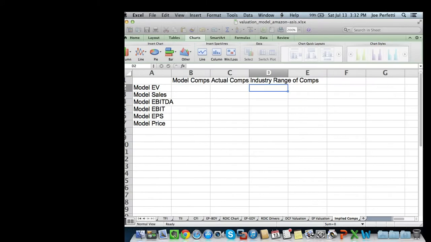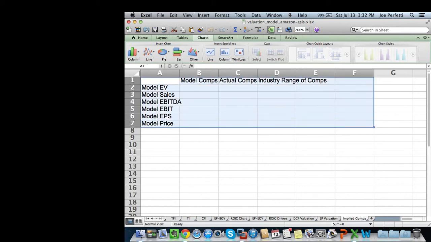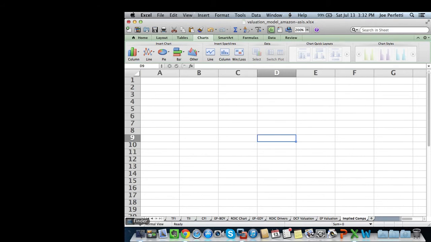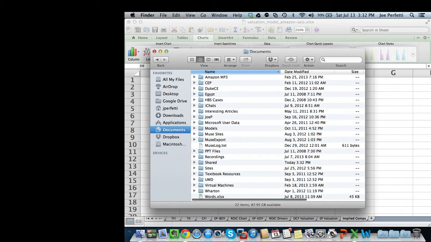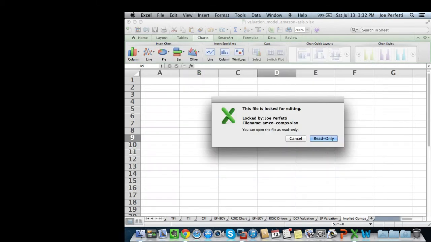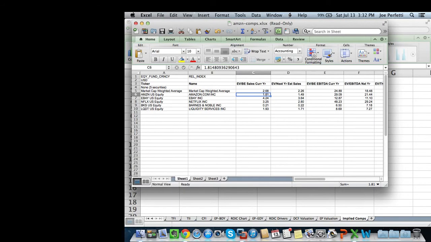All right. So now what I'm going to do is jump back over here to our model for Amazon, where we're building out their valuation. And in this tab, which I'll wipe out here, I'm going to go to the new model that I just created.